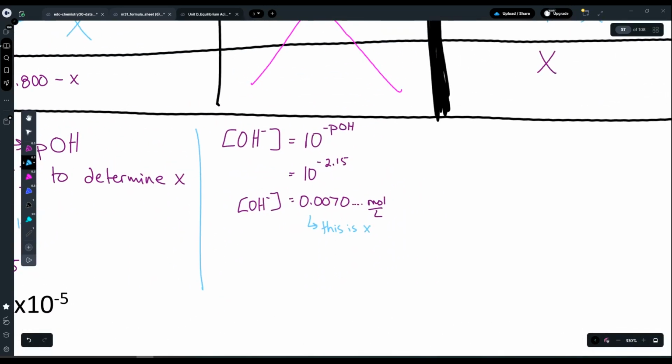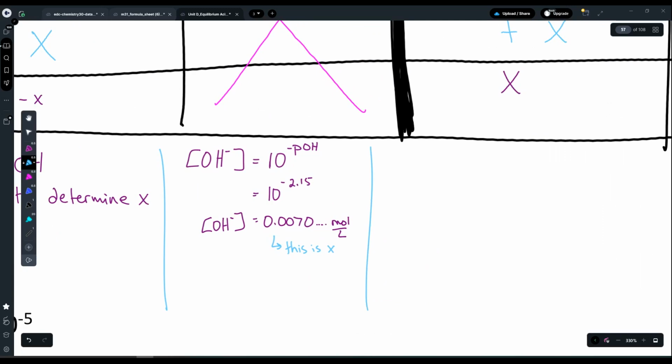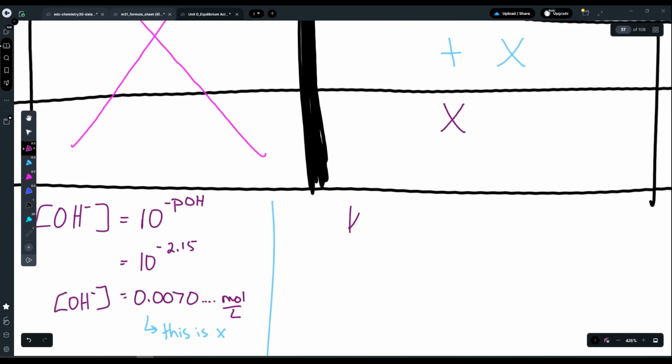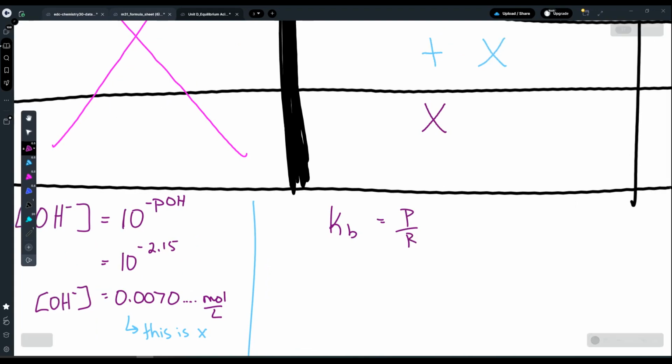So now that we have our X value, we can write out our equilibrium law expression, plug in our values, and use that to calculate the equilibrium law constant for our weak base. Okay, so remember products over reactants.